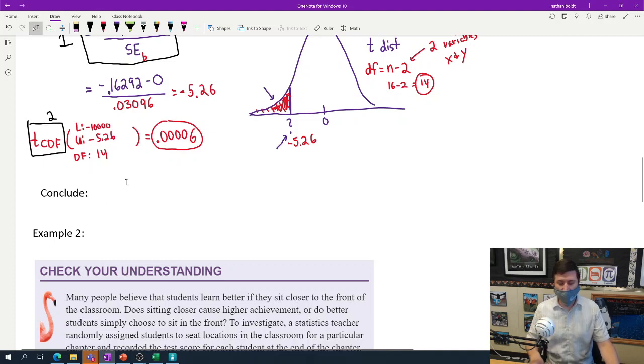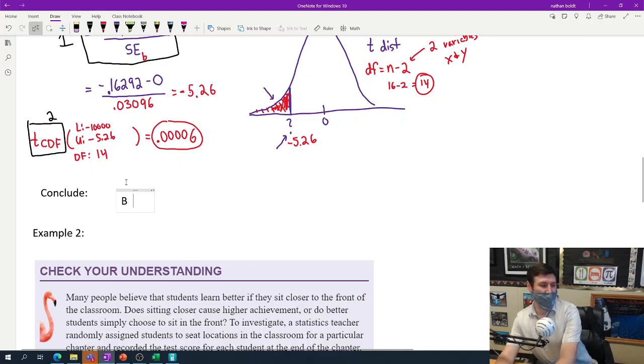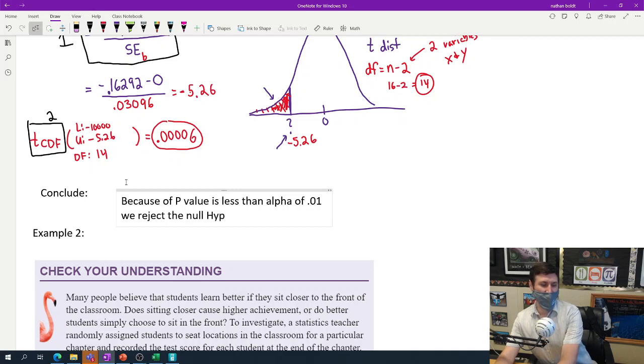Oh, the conclusion. Oops, my bad. So because our p-value is less than, I think alpha was 0.01. Yeah, alpha of 0.01. We reject the null hypothesis.